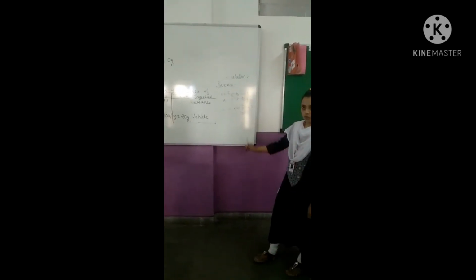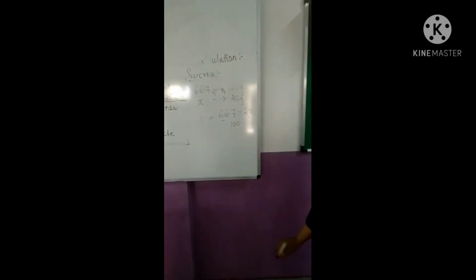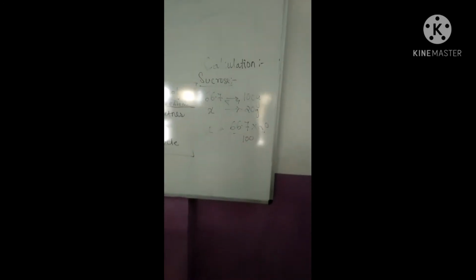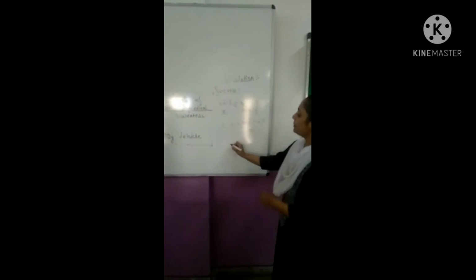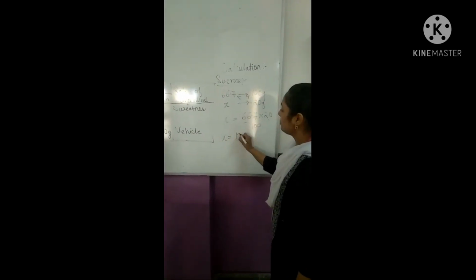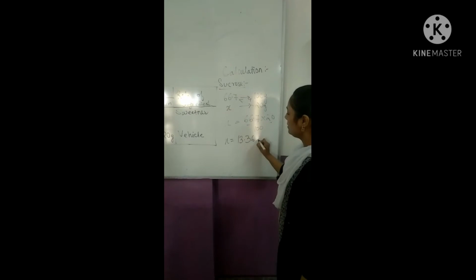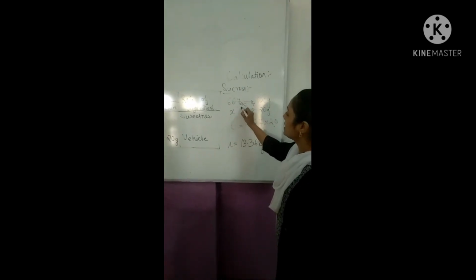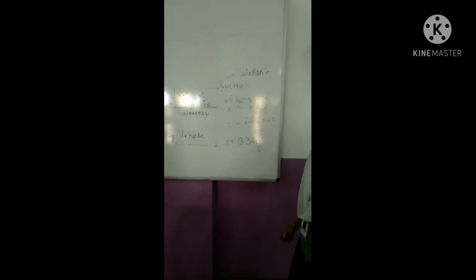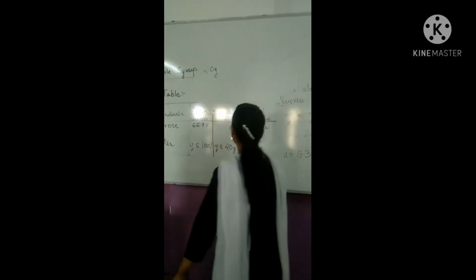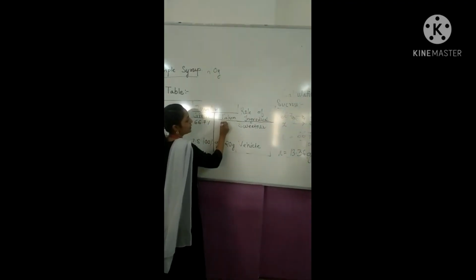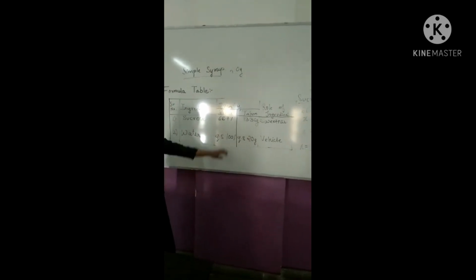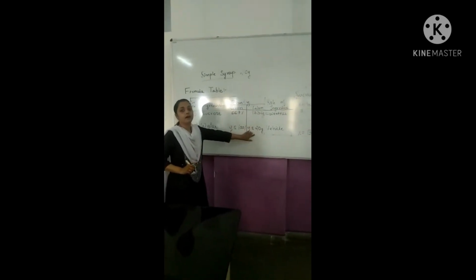Okay. Cross multiplication. Whatever quantity comes, what will be the quantity of x? It will be 13.36 or something. That will be in grams. Since we are calculating the quantity as grams, here also the quantity will come as grams. So our formula table is ready. 13.36 will be our quantity which we will take to prepare our syrup.